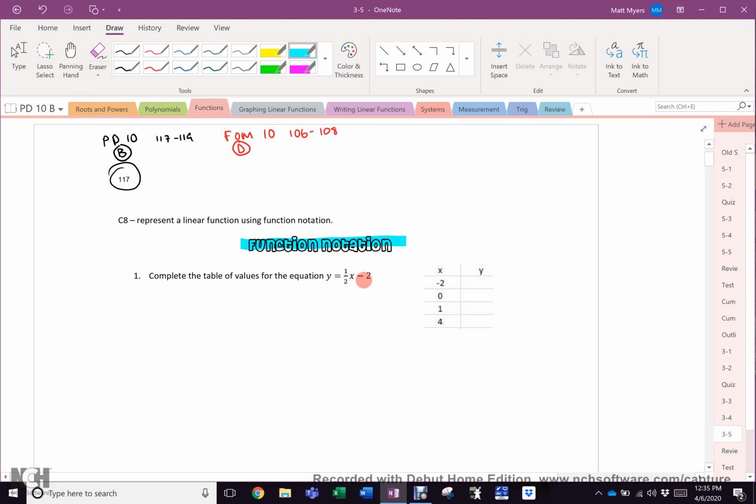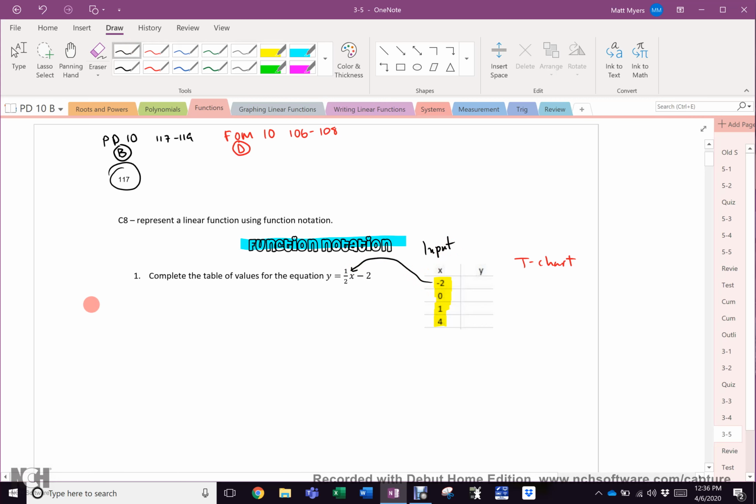Now, if we were in the 9th grade and I told you to make a table of values, which is right over here, which some of you, of course, call a T-chart, what would you do? Well, you would take these x numbers, and these are our inputs, and you would put them everywhere you see an x.